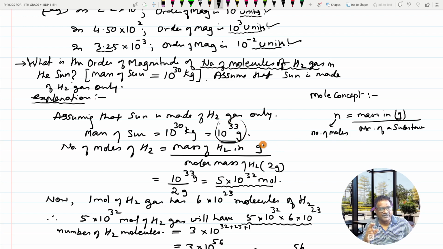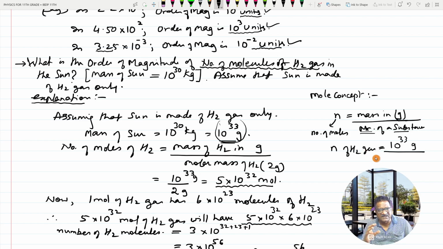Now, because the sun is made up of entirely hydrogen gas only, you can say this 10 raised to 33 gram is nothing but the mass of the hydrogen gas, isn't it? So, N, the number of moles of hydrogen gas, equals the mass in grams of this hydrogen gas, which is 10 raised to 33 grams, divided by the molar mass of the substance.